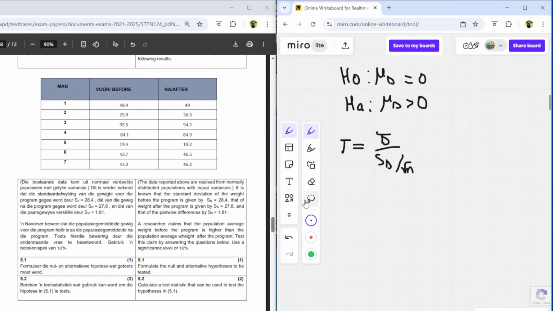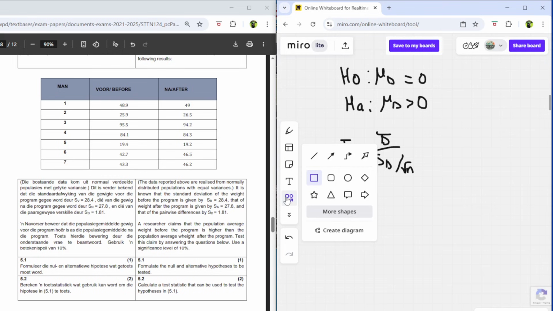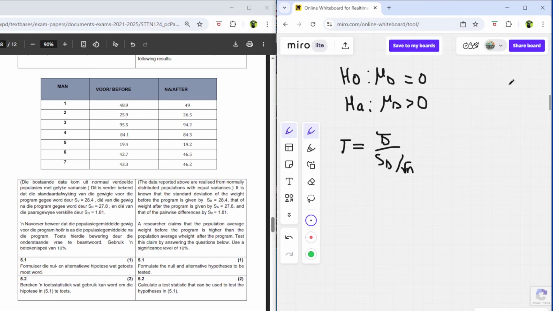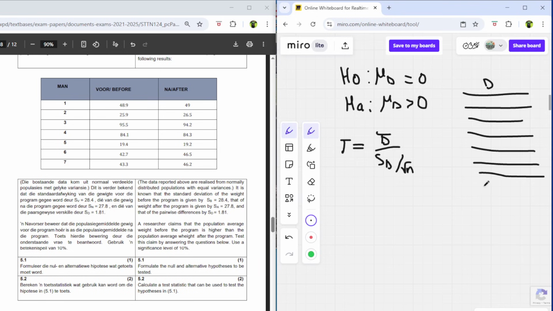So before we do that, let us draw a table for the differences. So let's say this is the differences. 1, 2, 3, 4, 5, 6, 7, since it's 7 of them.